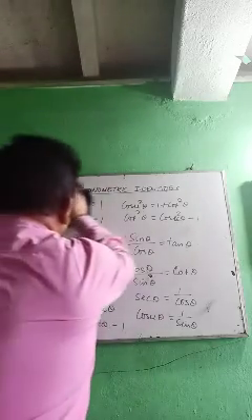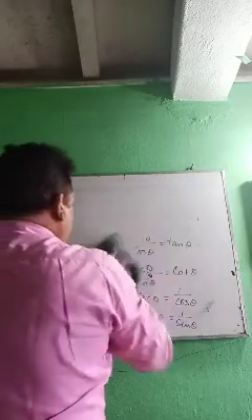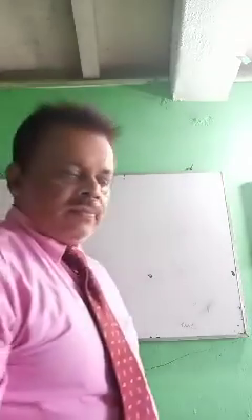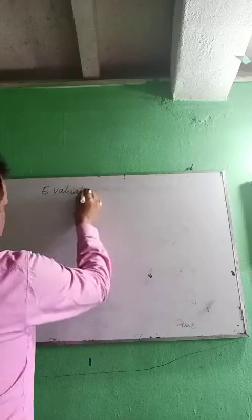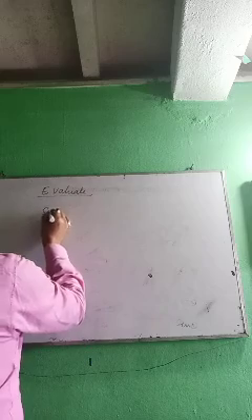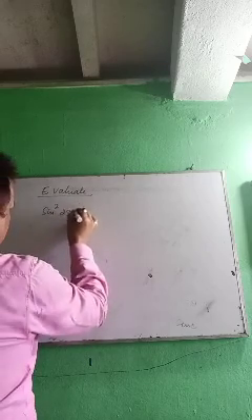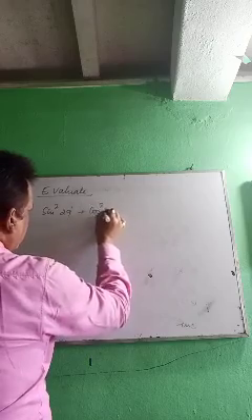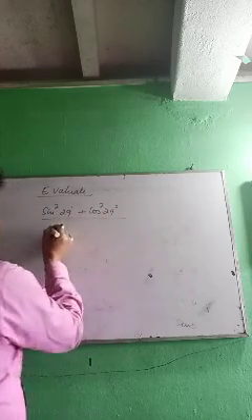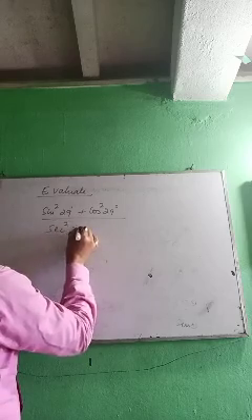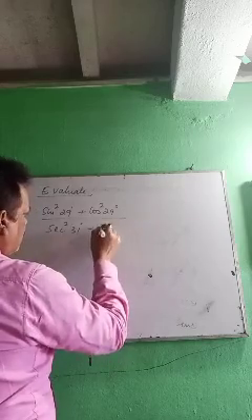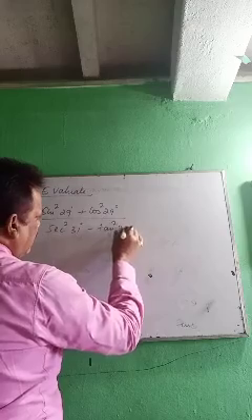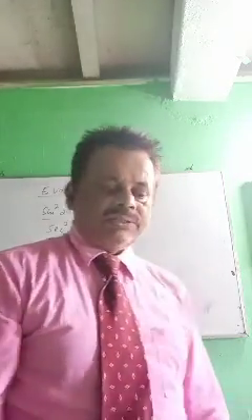Suppose I get a question. Evaluate sin square 29 degree plus cos square 29 degree by sec square 31 degree minus tan square 31 degree. How much will it be?